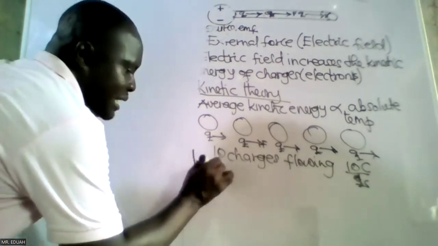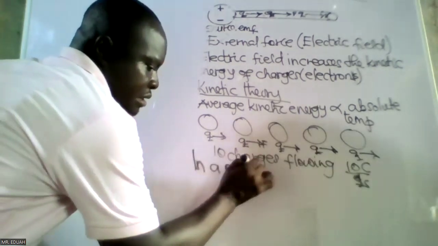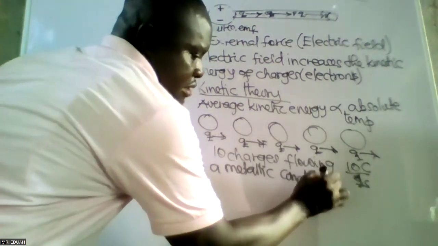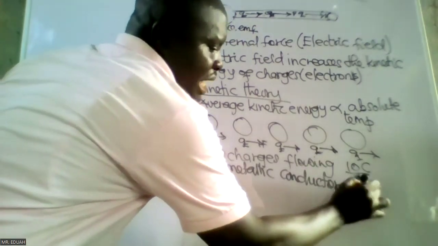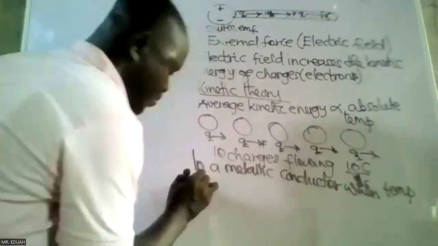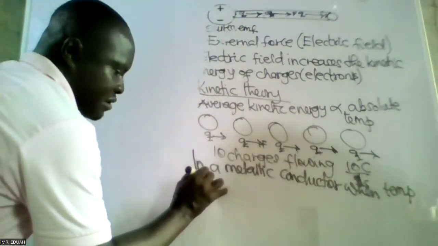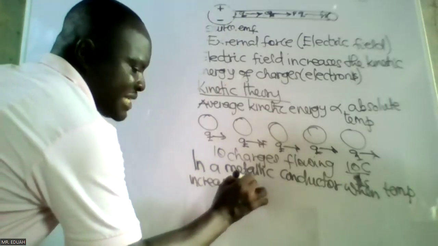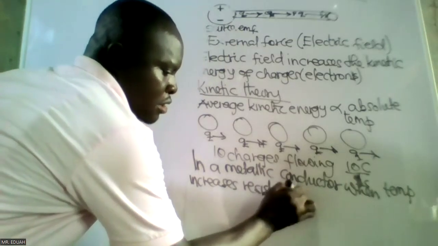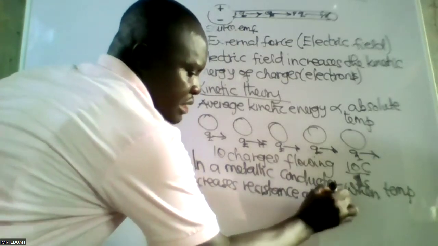In a metallic conductor, when temperature increases, resistance also increases.